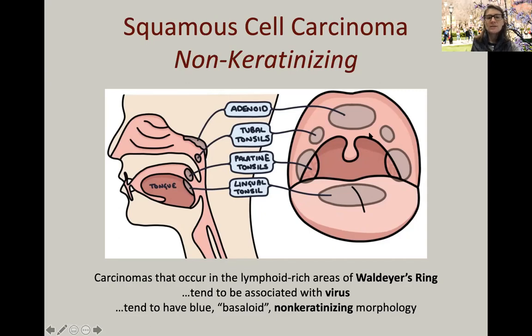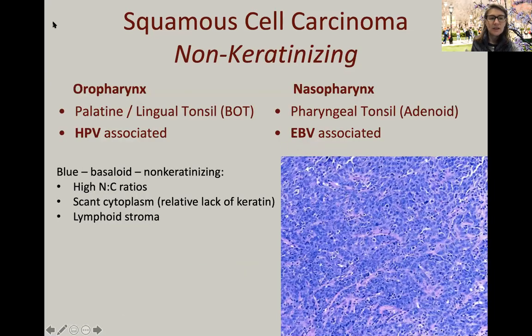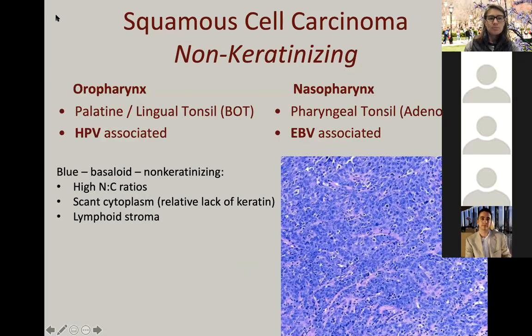However, carcinomas can develop in these sites, and they're morphologically and etiologically somewhat specific, particularly because of their association with viruses and their tendency to be morphologically non-keratinizing. So I'm going to talk about oropharyngeal and nasopharyngeal non-keratinizing carcinomas together because I think they're good mirrors of each other.